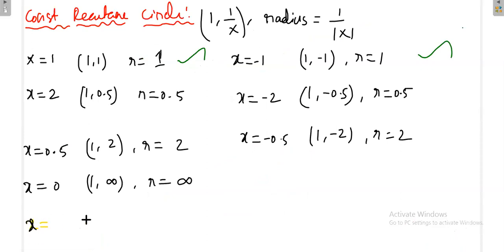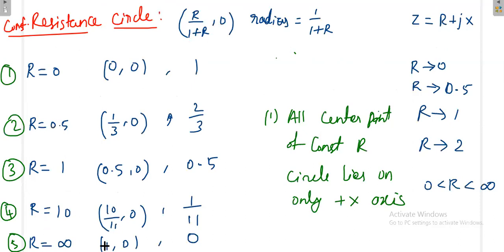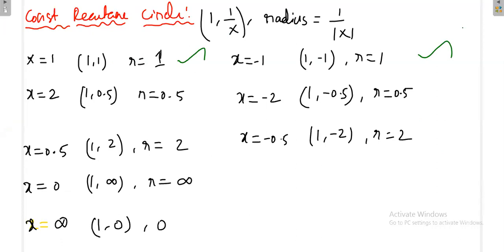If X is equal to infinite, it is 1, 0, 0. When X is equal to infinite, this is 1, 0 and 0. What if R is equal to infinite? Anybody? R is equal to infinite, it is also 1, 0, 0.